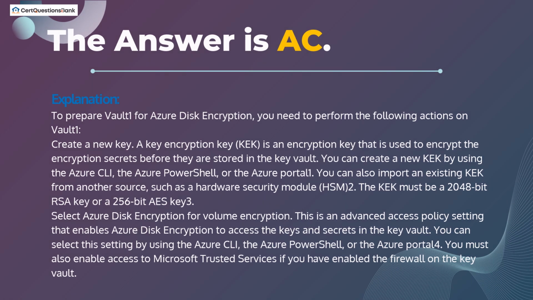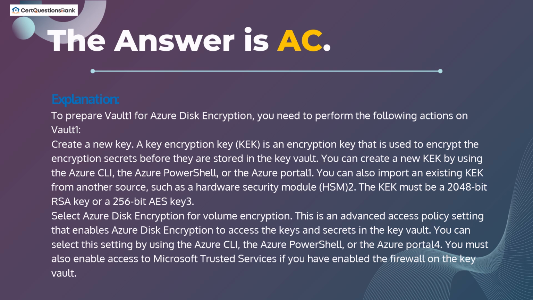To prepare Vault1 for Azure Disk Encryption, you need to perform the following actions on Vault1. Create a new key. A key encryption key, KEK, is an encryption key that is used to encrypt the encryption secrets before they are stored in the key vault.